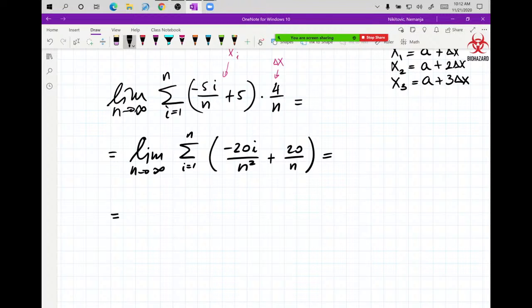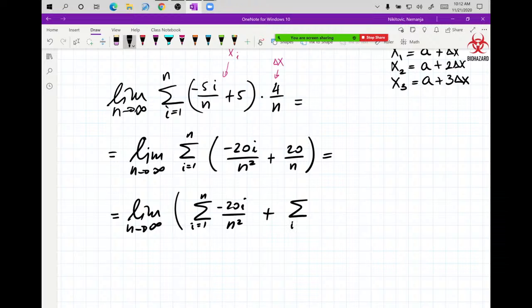Now, the property of the sum, it's just a sum, which means it can be distributed for each one of these independently. It's a simple distributive rule. i goes from 1 to n. Wait, is it distributive rule or associative rule?